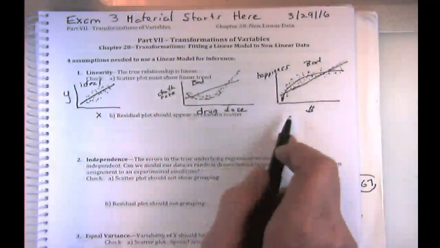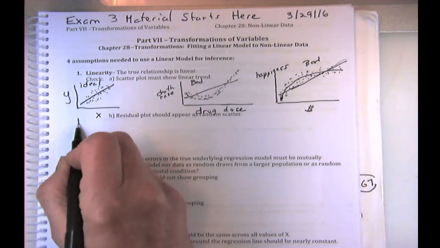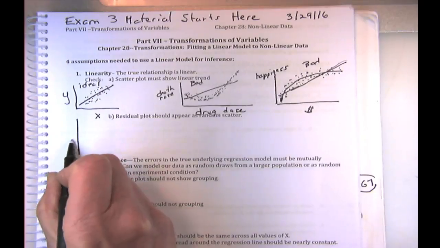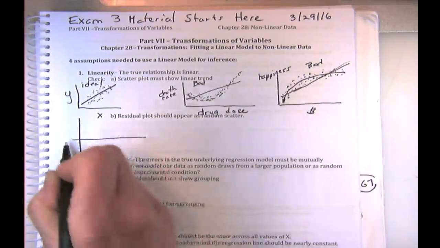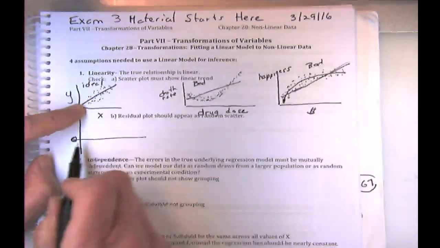So you look at these residual plots. What do I mean by this? We could plot, for example, all the points right on the line have no residual.